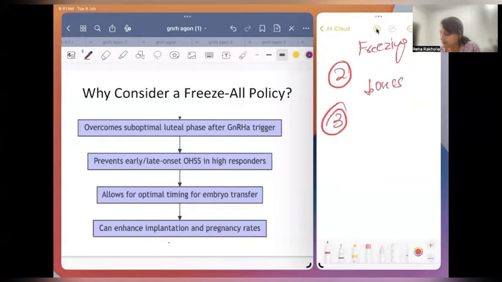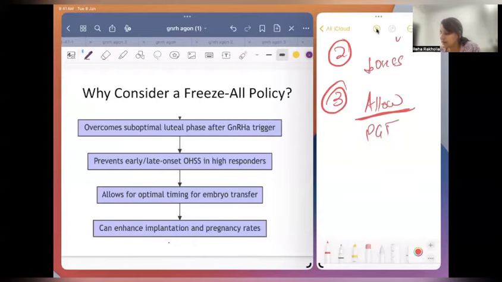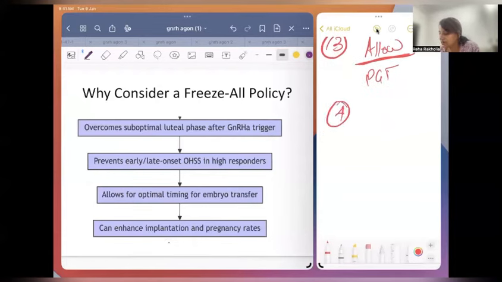Third, to allow optimal timing for embryo transfer. When do we need to allow optimal timing for embryo transfer? Like in PGT. Then fourth, to enhance implantation rate and increase pregnancy rate.